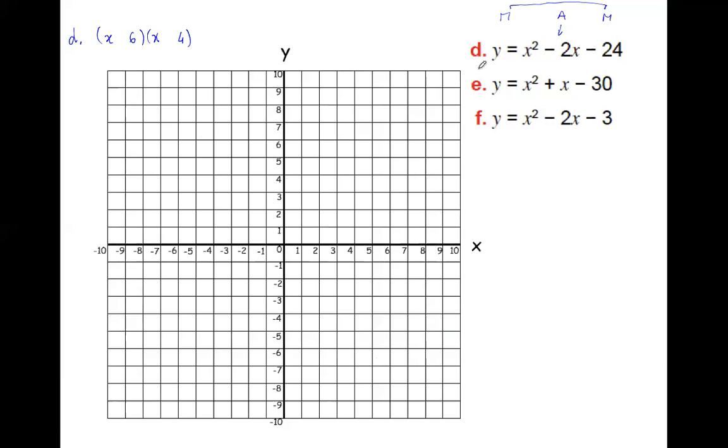To get a negative 24, one needs to be negative, one needs to be positive. The one that's going to be negative is the one that's going to give me negative 2. So then I can put x minus 6, x plus 4. Because negative 6 times positive 4 is negative 24. And if I add negative 6 and 4, I get minus 2.